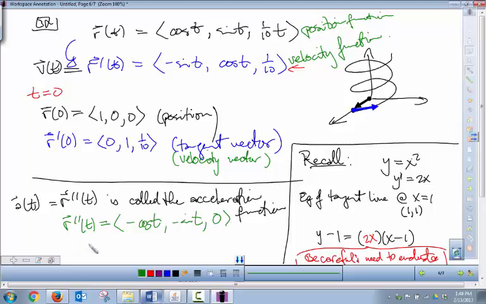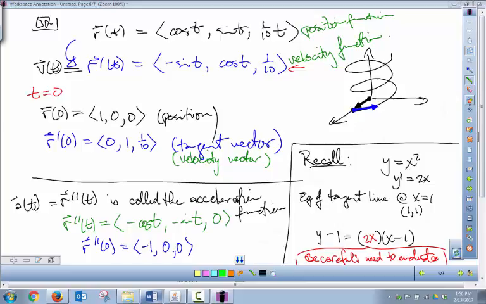Let's put 0 in: r double prime of 0, which means I want to find the acceleration vector at 0. Cosine of 0 is 1, but there's a negative outside, and then a 0 for the sine and a 0. So you have negative 1, 0, 0.